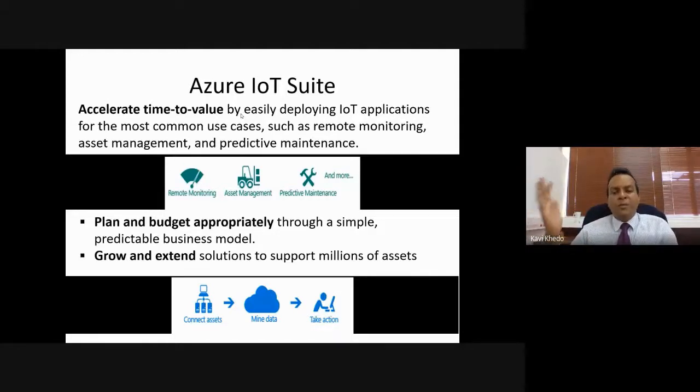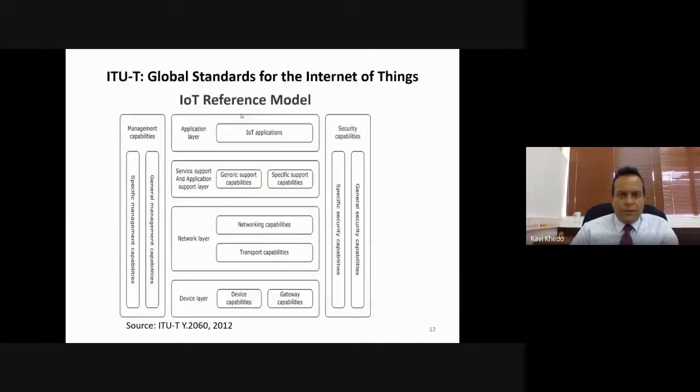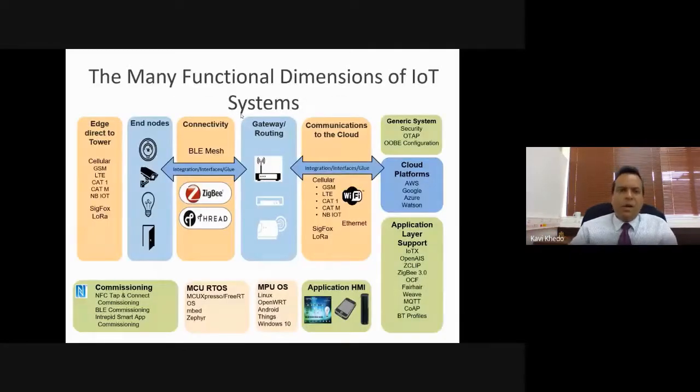So this is why those big players are providing a platform. They are providing a whole platform that covers all of these: everything from sensors, connecting, gateway, cloud, analytics, mobile.